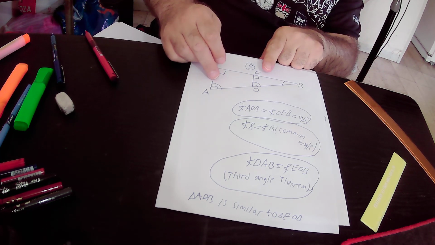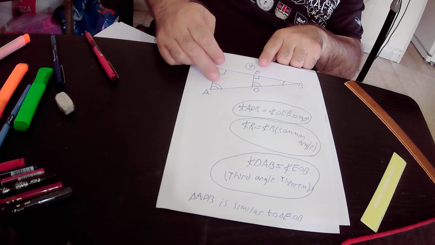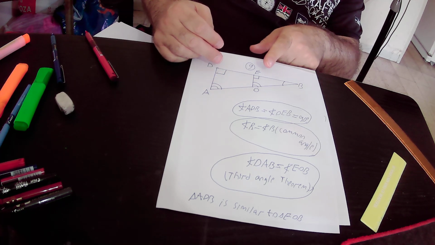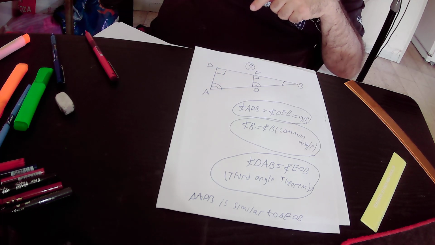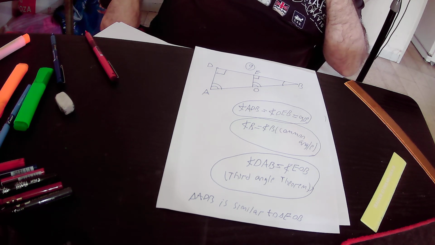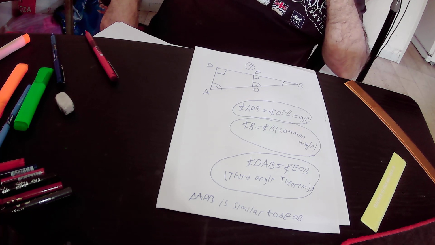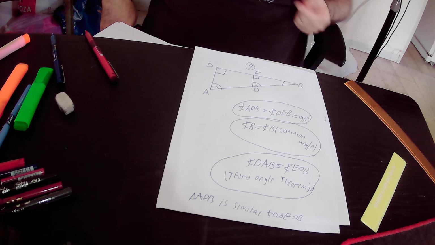And the third pair of angles, angle DAB in the big triangle, must be equal to angle EOB in the small triangle, according to the third angle theorem that states that if two angles in one triangle are equal to two angles of another triangle, then the third pair of angles must also be equal between those two triangles.